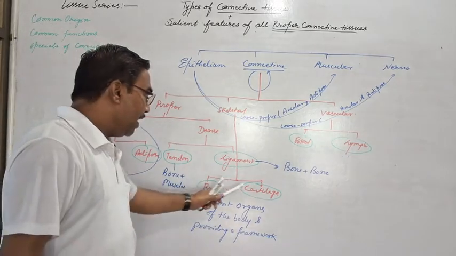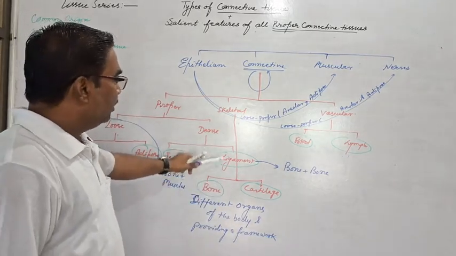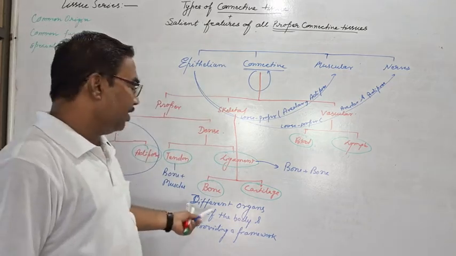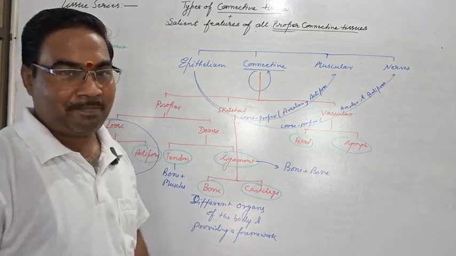So, bone and cartilage both are the types of skeletal connective tissue which are connecting different organs of the body.